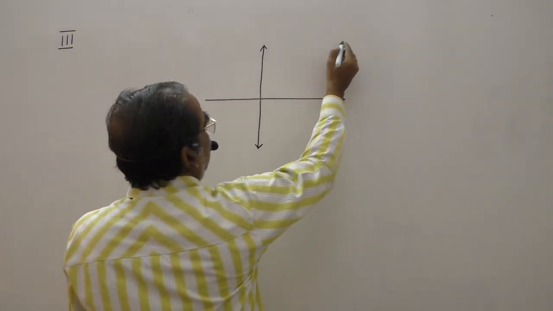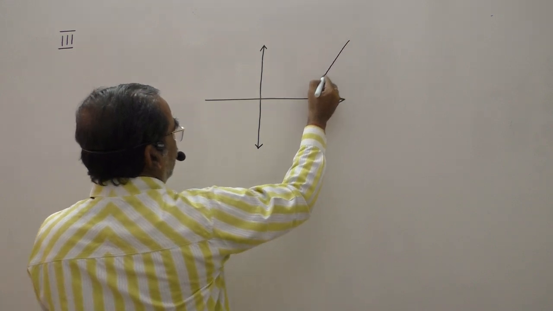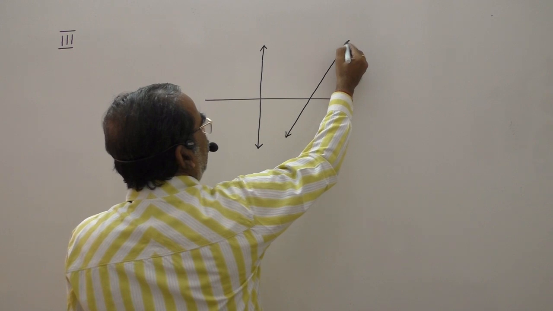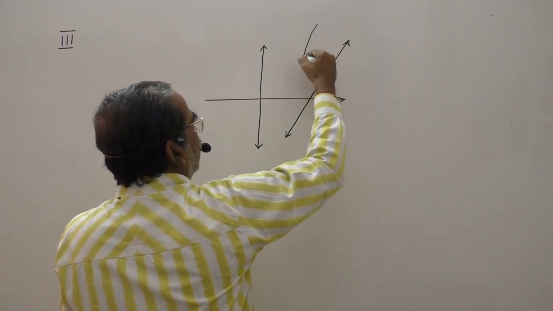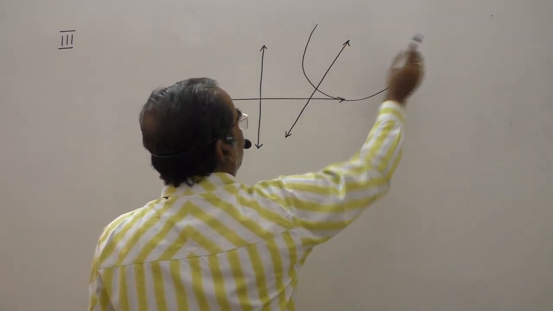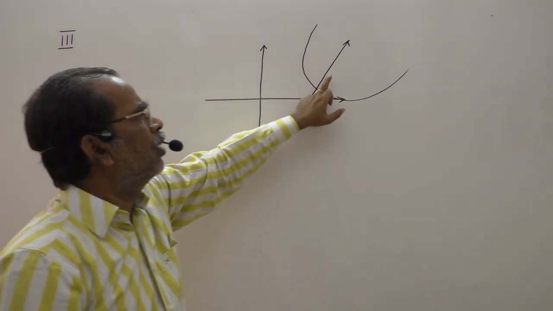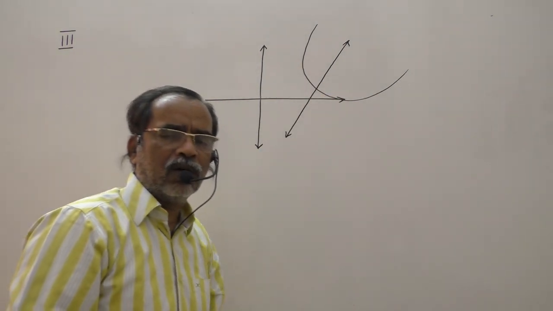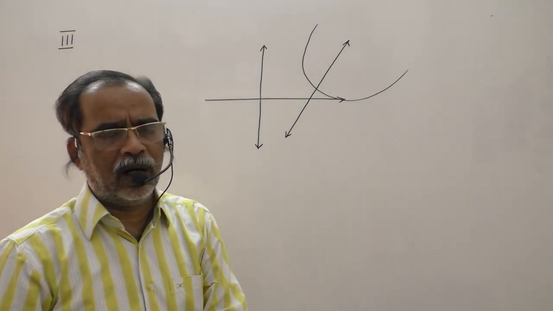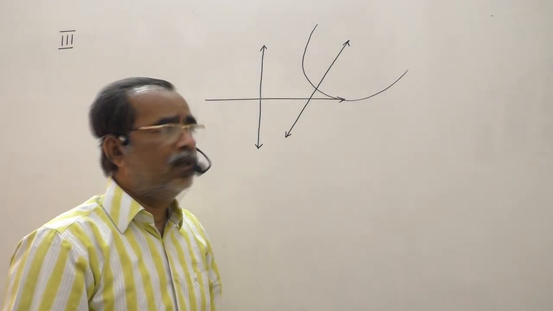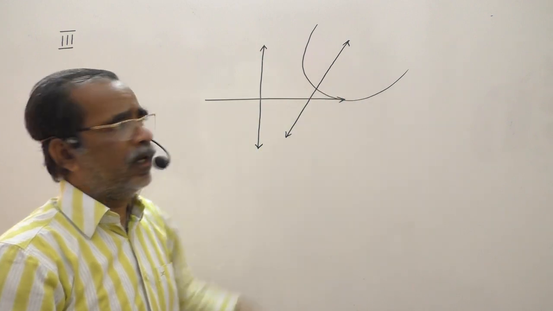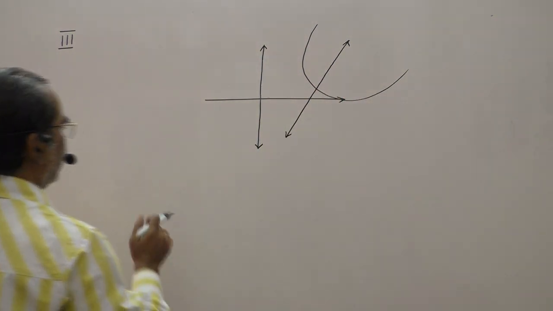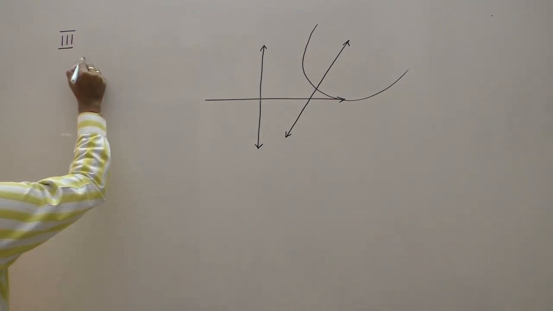Now what is set 3? The axis is neither a horizontal line nor a vertical line. For this parabola, what is the axis? It is neither the x-axis nor the y-axis, nor parallel to either. It is an inclined line. For this type of parabola, what to do? Very simple. Use the definition.